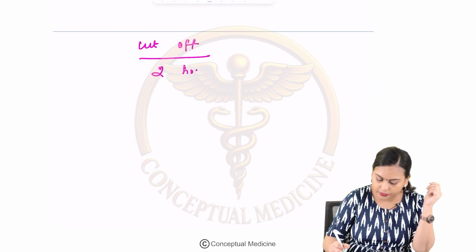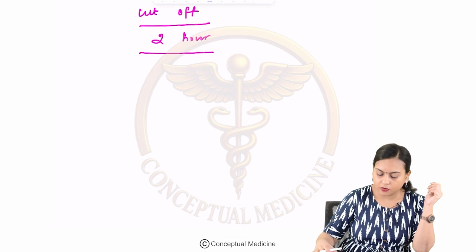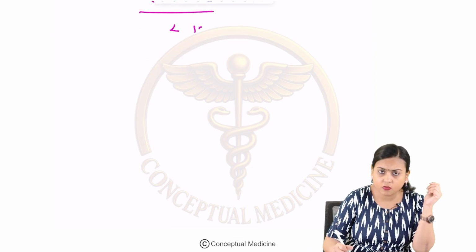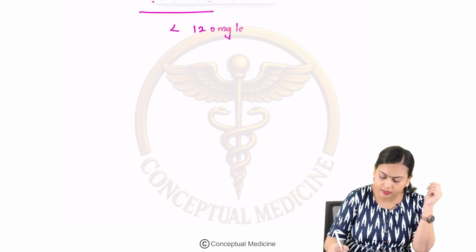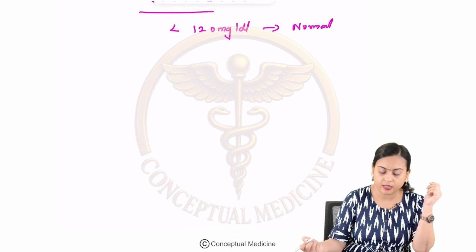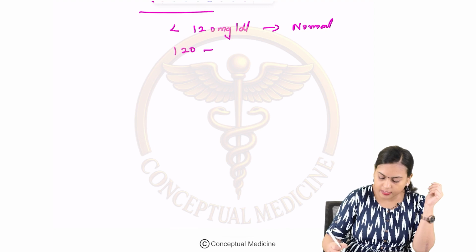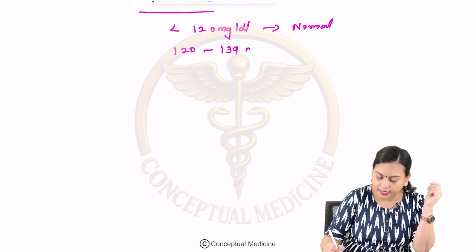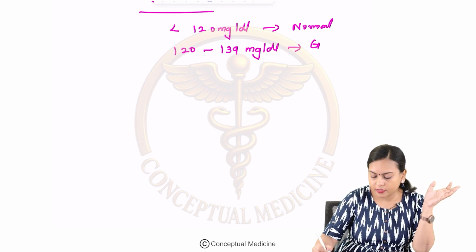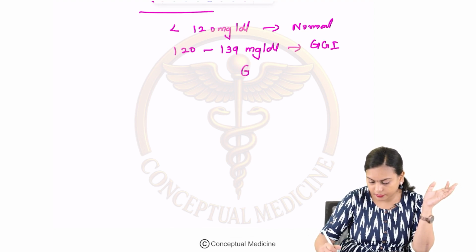The cutoff ranges for 2 hour values include less than 120 milligram per deciliter, which means that is normal. Clear? Then between 120 to 139 milligram per deciliter means she is a case of gestational glucose intolerance.